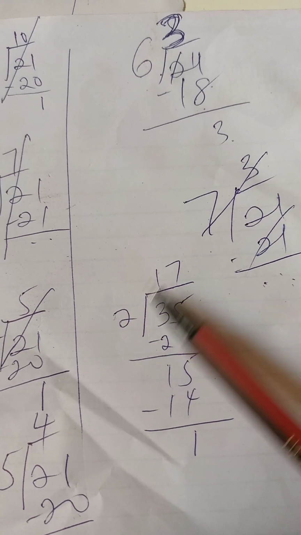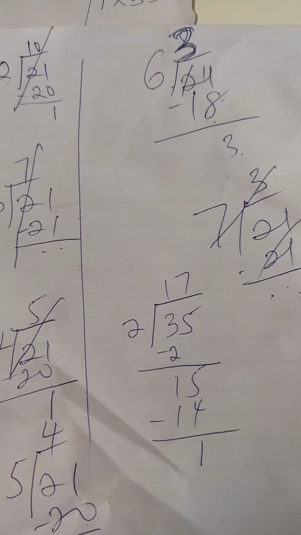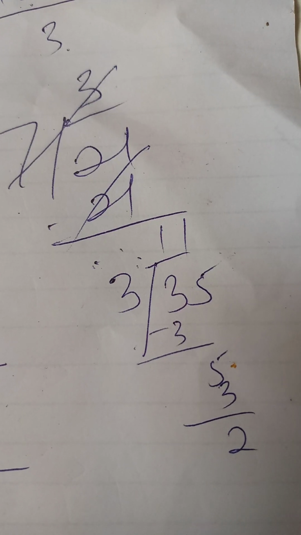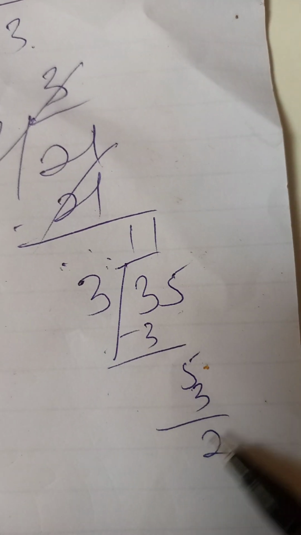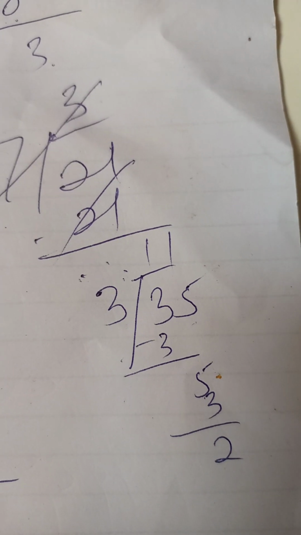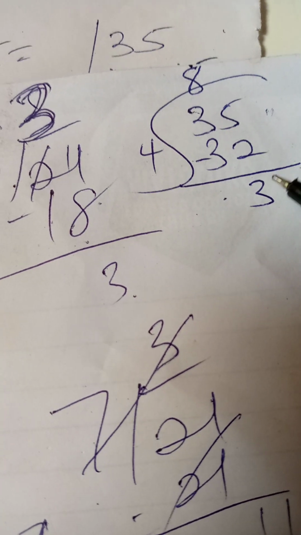Here, I'll see that 2 is not a factor of 35 because it has a remainder. I'll check with another number, 3. Here, it is also seen that 3 is not a factor of 35 because it has a remainder. I'll try 4. 4 is also not a factor because it has a remainder.